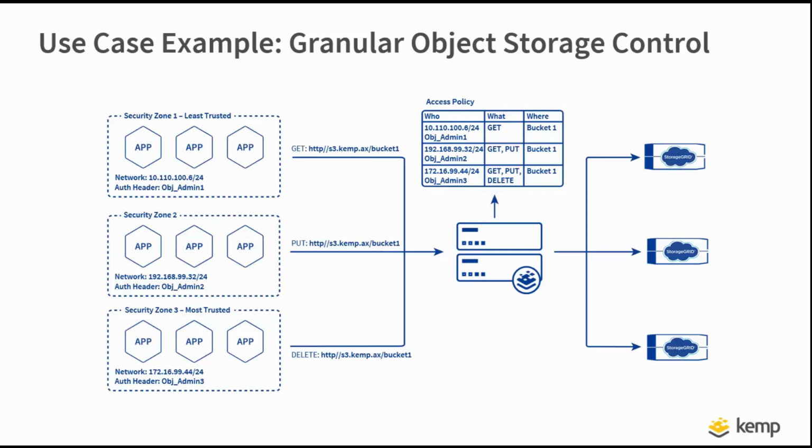This was developed based on customer requirements where they had multiple security zones all having access to the shared storage. Security Zone 1 in this example, the least trusted zone, and applications within this zone were permitted to only read from certain shared buckets, while applications hosted in Zone 3, the most secure zone, were given access to read, write, and delete.